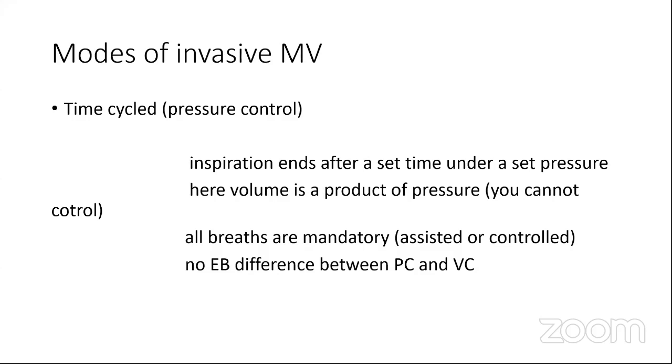There's no evidence-based preference. It's usually a personal and institutional preference, but there's no superiority in terms of outcomes between pressure control and volume control. In our institute, we use volume control more frequently, but pressure control is an acceptable alternative.